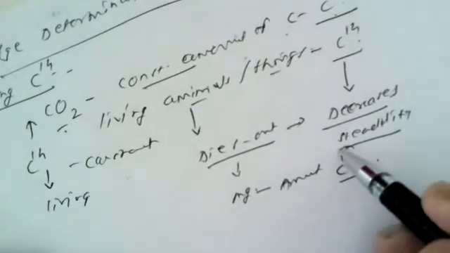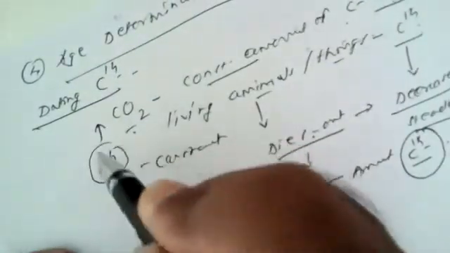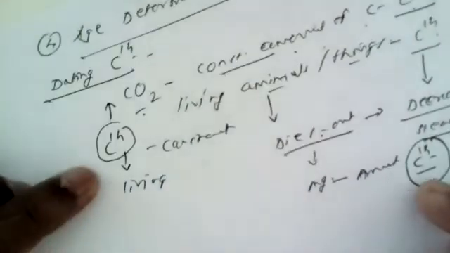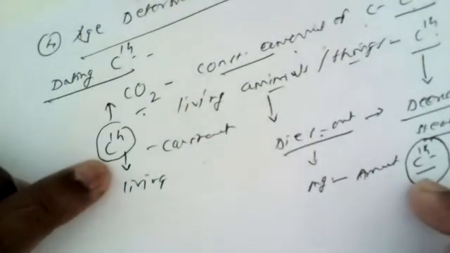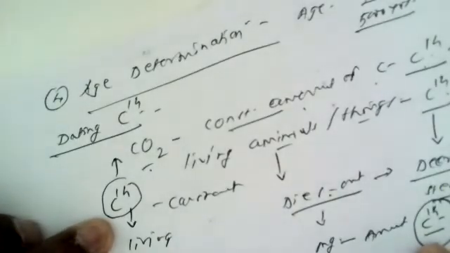By knowing the quantity of carbon-14 in the species and the constant amount of carbon-14 in the atmosphere, and comparing these two parameters, one can decide the age of an unknown sample in years.